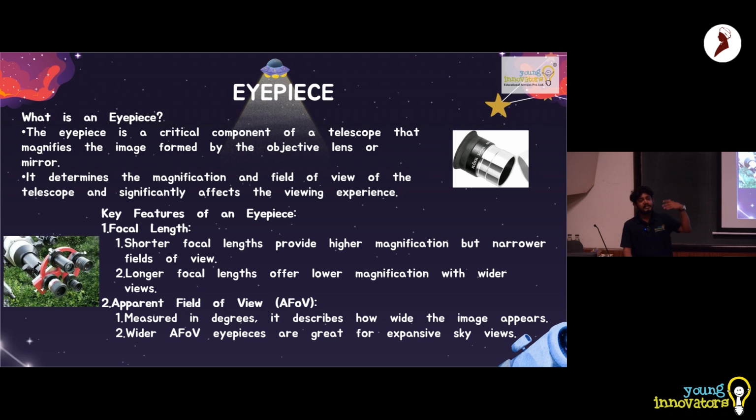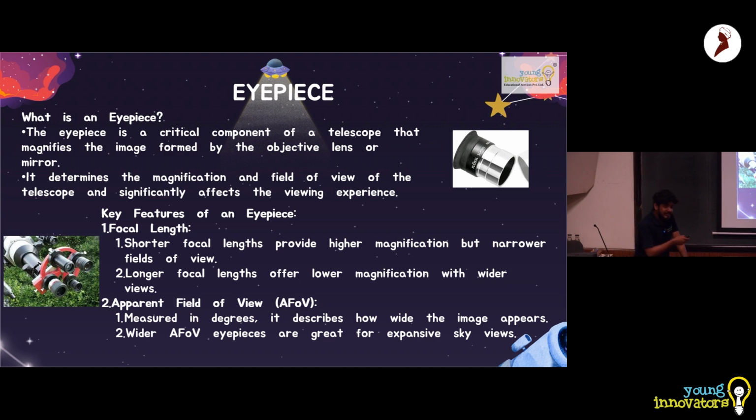When you want to magnify it further, you can see the individual craters, but nothing else. It all depends on what you want to observe. Do you want to see the moon as a whole, or do you want to see the moon highly detailed, but less of everything else? That depends on you.